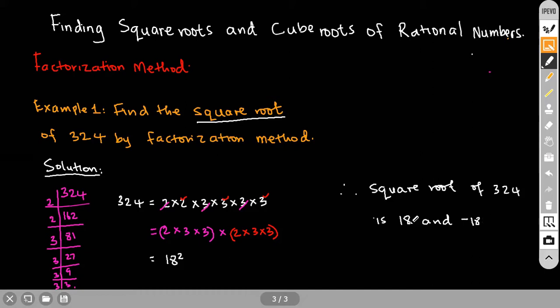So if we get 18 times 18, or 18 squared, we get 324. And when we get negative 18 times negative 18, still we will get 324. I hope that is understood. So let's get another example. We get familiar with finding the square roots by factorization.